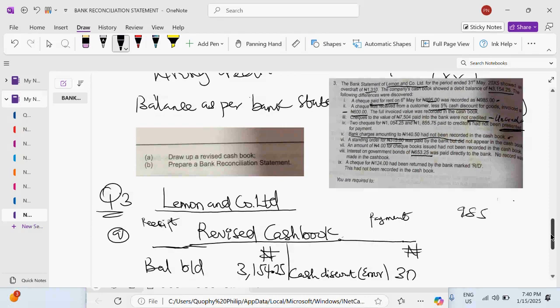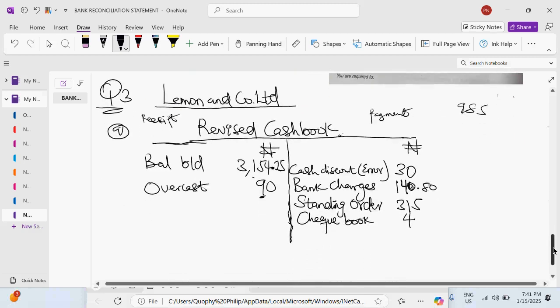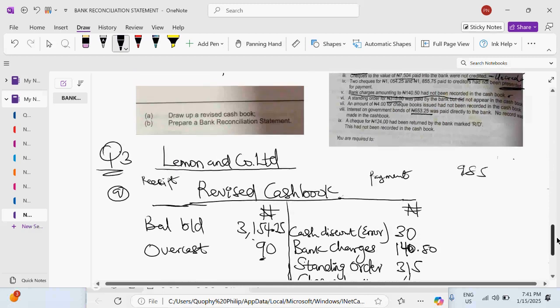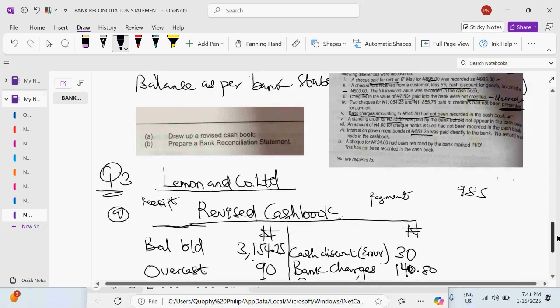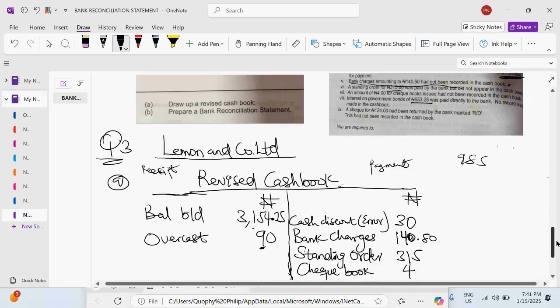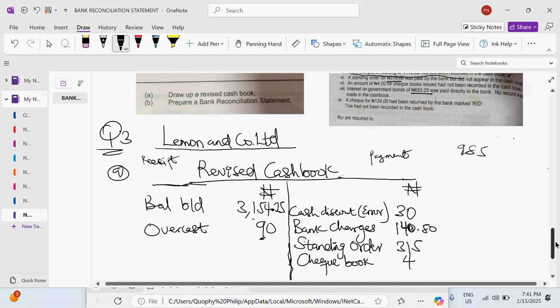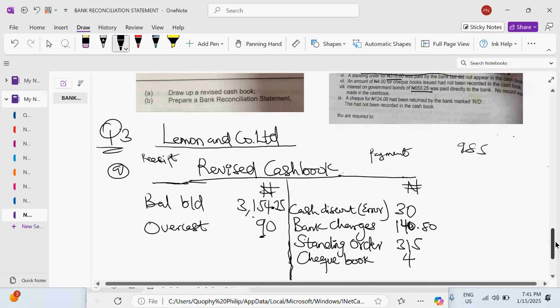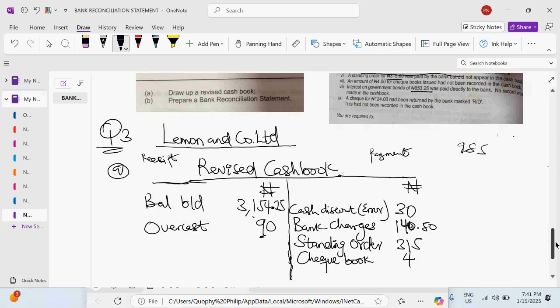Go to the cash book, right? In the cash book, which side will it go? The debit side. Why the debit side? Because we are receiving. Yes, we are receiving. All right, good.